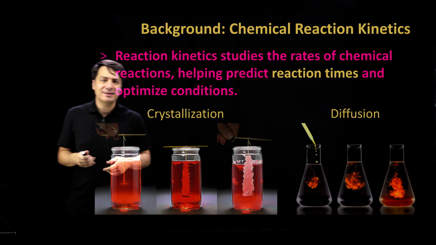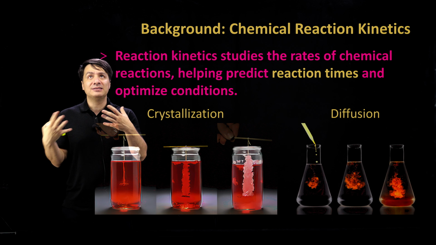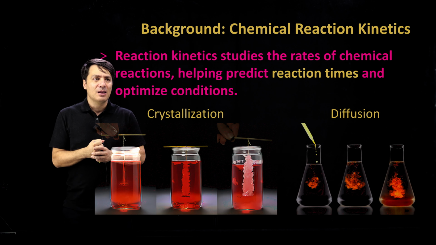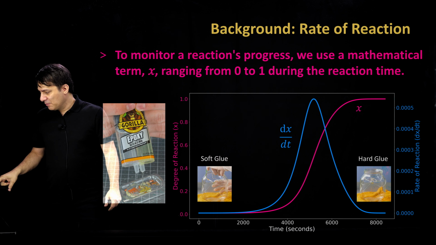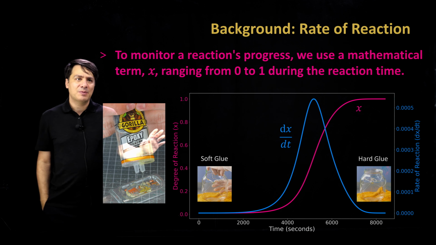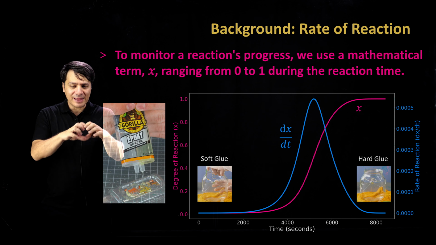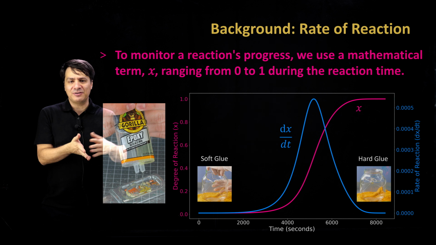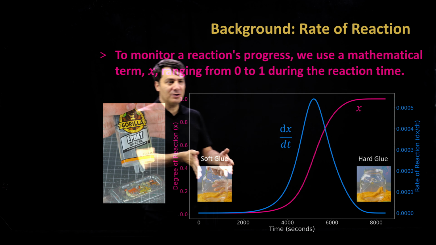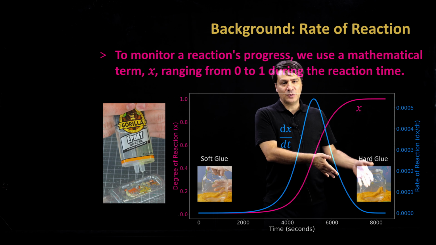Typically, we are interested in the rate of reaction, which is basically a derivative with respect to time. So let me give you a more concrete example. If you look at the 5 minutes epoxy glue, you combine part A and part B. And then you wait, and generally after 5 minutes, it should go from a viscous glue into a solidified glue.